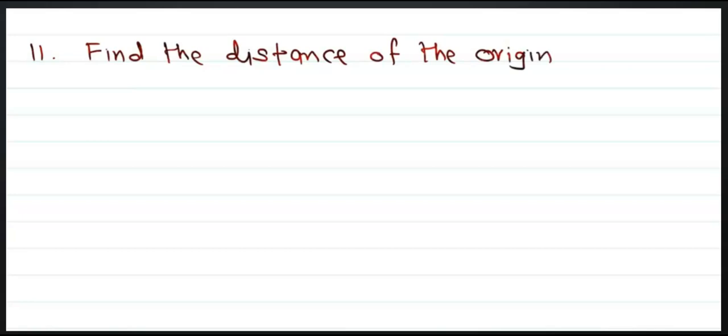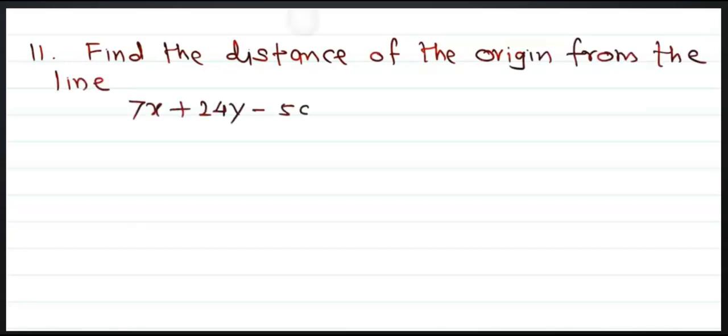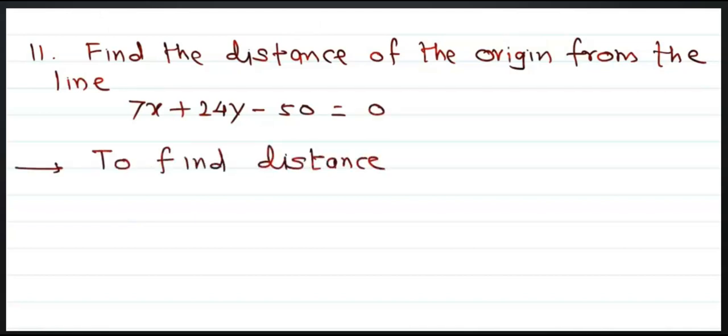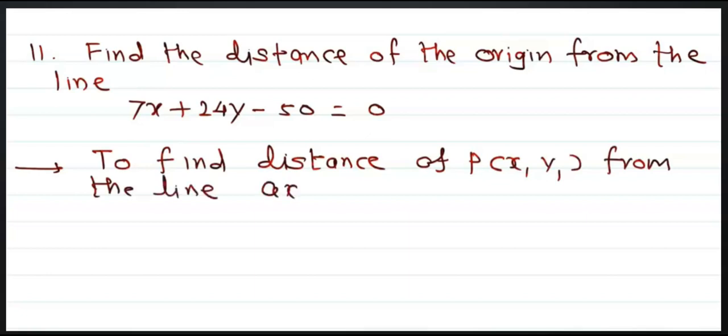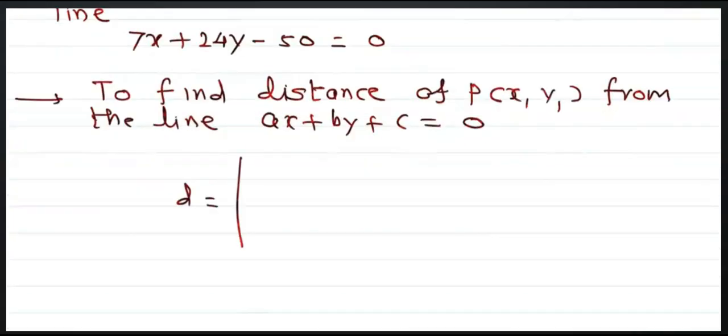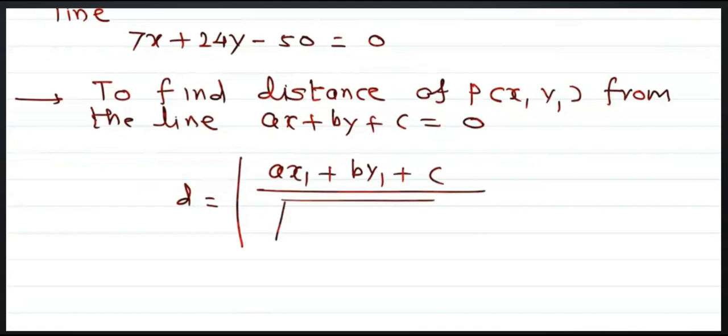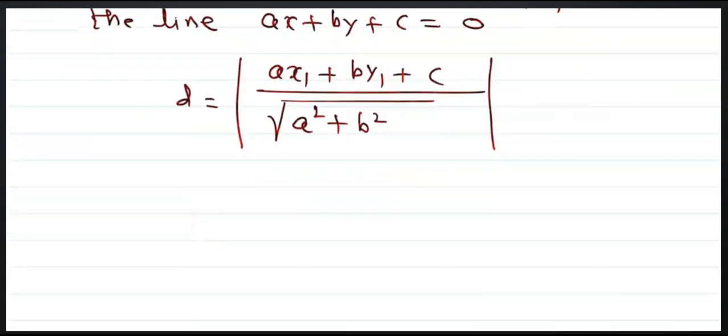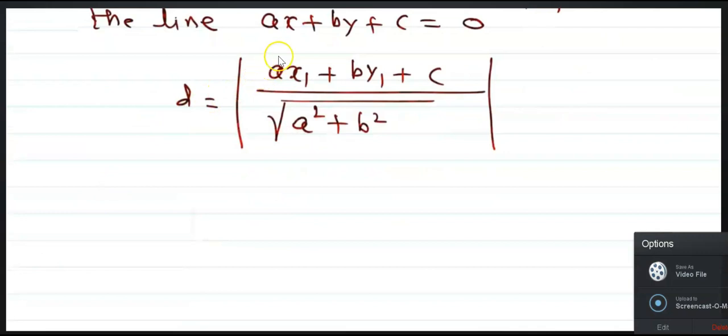Now question number 11. Find the distance of the origin from the line 7x plus 24y minus 50 is equal to 0. To find the distance of P(x1, y1) from the line ax plus by plus c is equal to 0, the formula is, this is an important formula, d is equal to the modulus of ax1 plus by1 plus c upon the square root of a square plus b square.